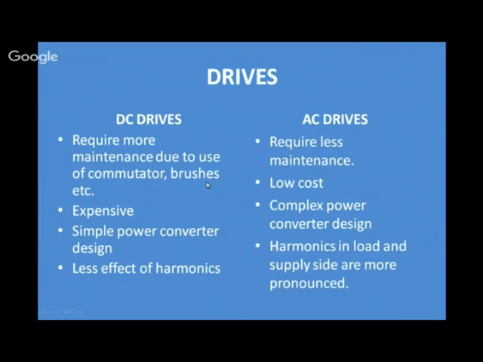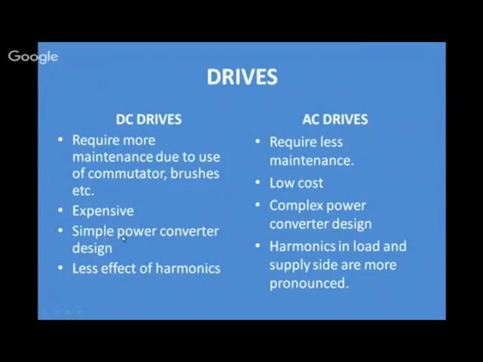Then we can compare DC drives versus AC drives. Basically, DC drives require maintenance due to the use of commutator brushes, etc., whereas AC drives don't require these types of components. For example, a squirrel cage induction motor doesn't have any commutator or brushes, so it doesn't require maintenance at all. Now DC drives are expensive, whereas AC drives are low cost.